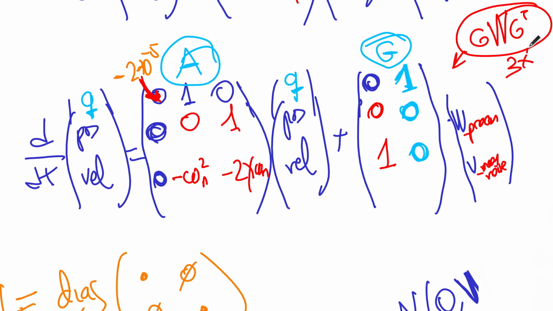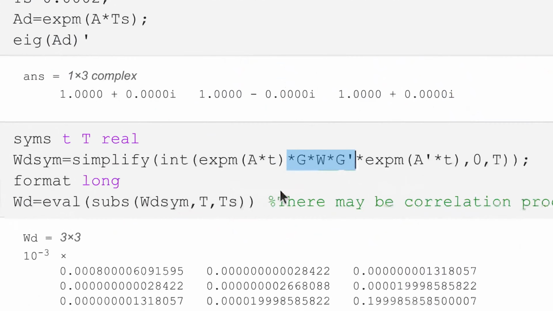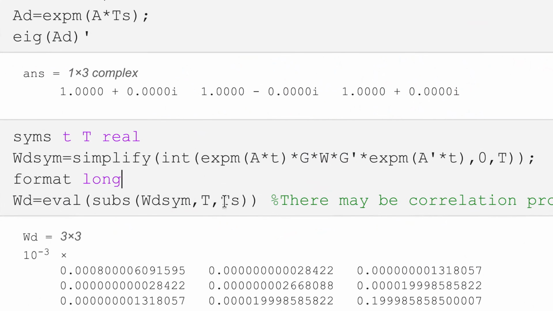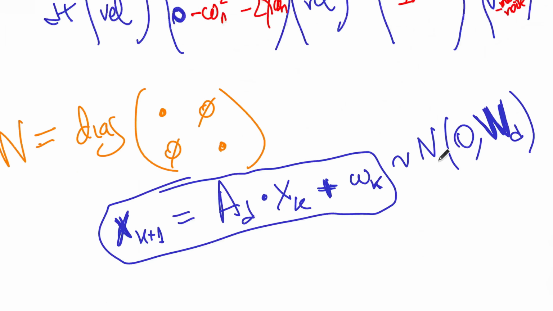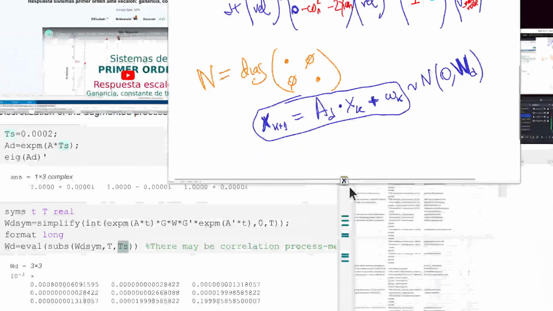This is a 3x3 matrix. That with the suitable exponential at the left and at the right and integrated for a sampling time gets me, when I substitute the actual sampling period, acquisition, averaging period, this covariance matrix, which is the covariance of this discrete time disturbance.